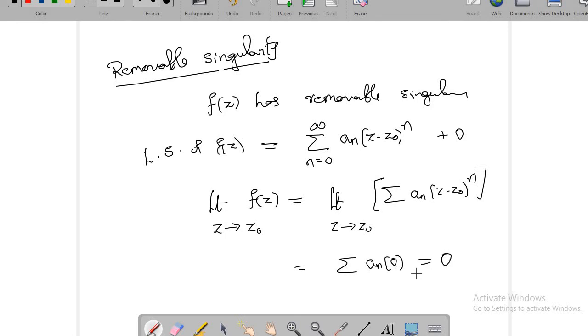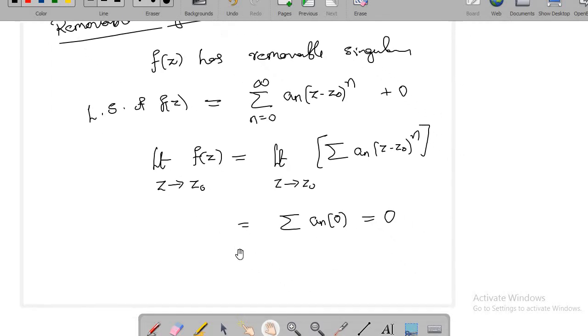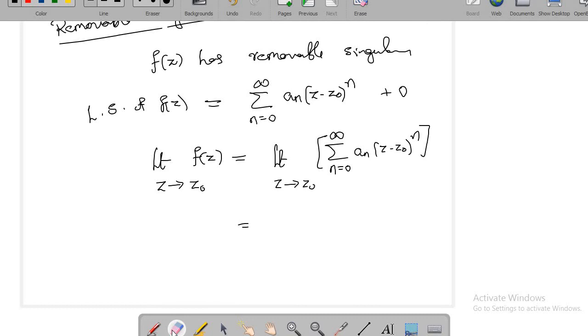So this is nothing but 0? Sorry, you'll have a constant term, right? Because this summation starts from n equal to 0 to infinity. So the limit is going to be a naught plus a1 into 0 plus a2 into 0 plus and so on. So finally you end up with a naught.